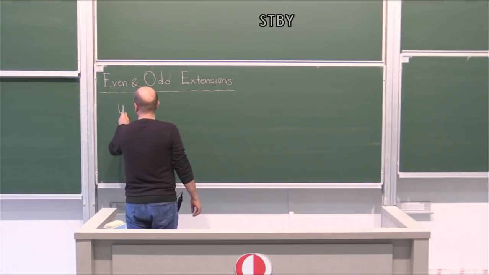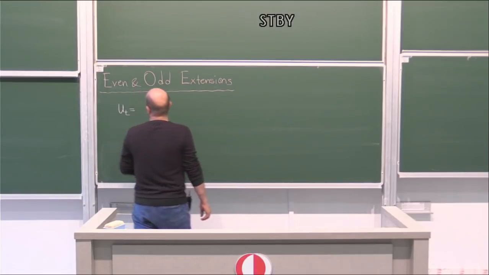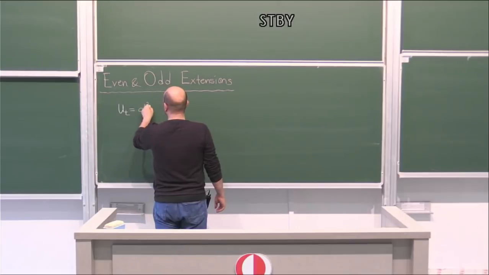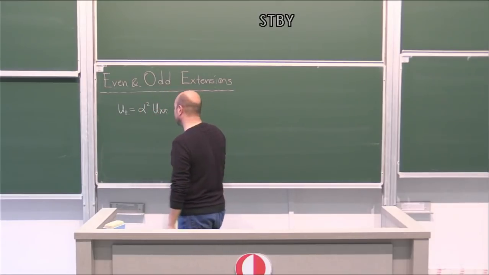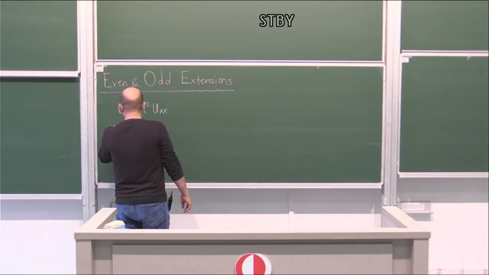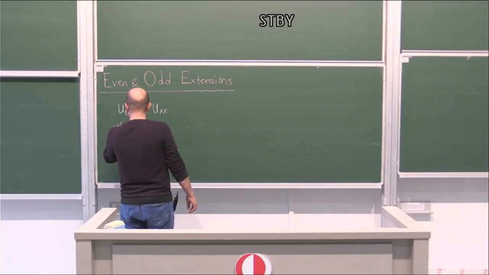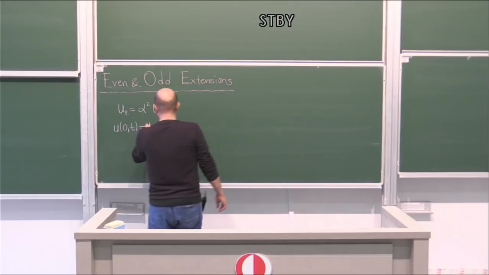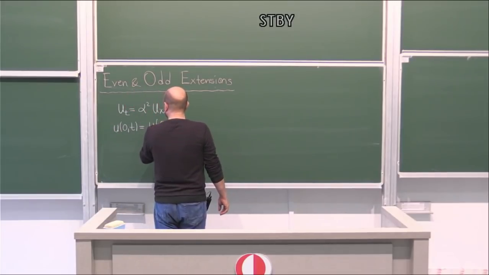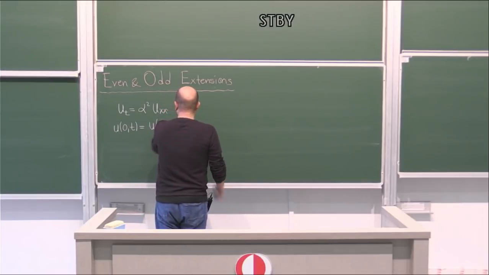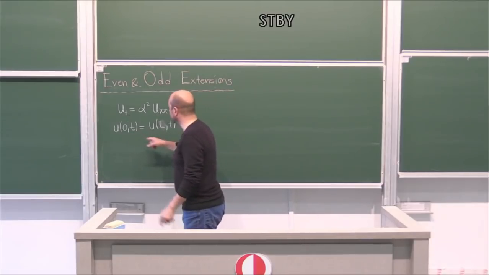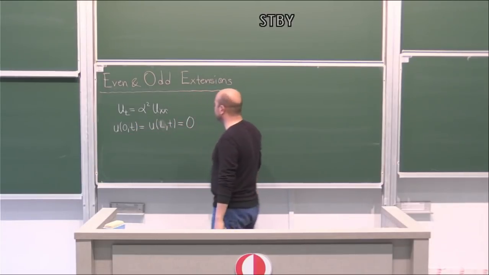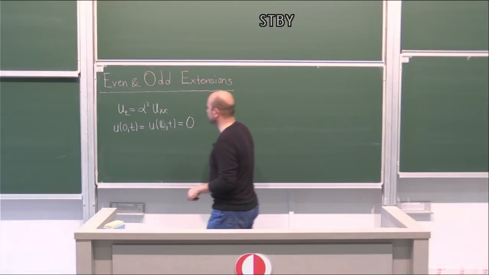So remember, we had u sub t equal to alpha u_xx, and we had the following conditions: u(0,t) is equal to u(L,t) equal to 0. These were the homogeneous boundary conditions, and it says that for the ends of your rod the temperature is always 0.